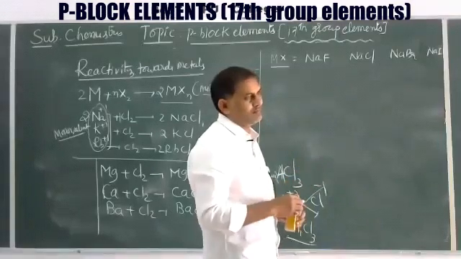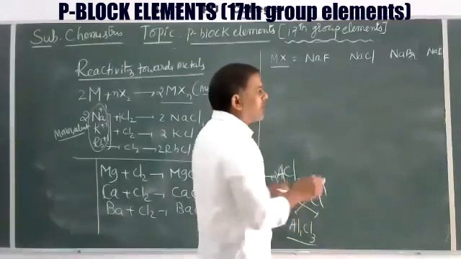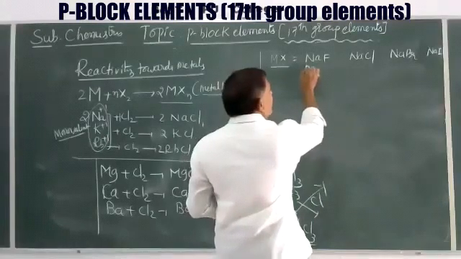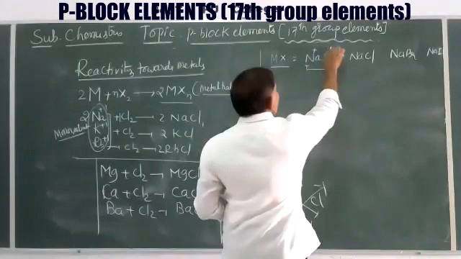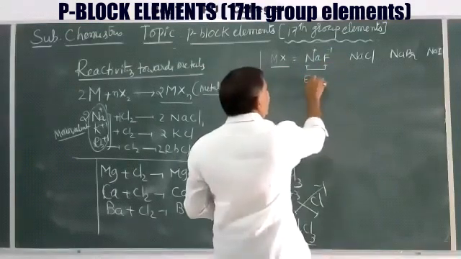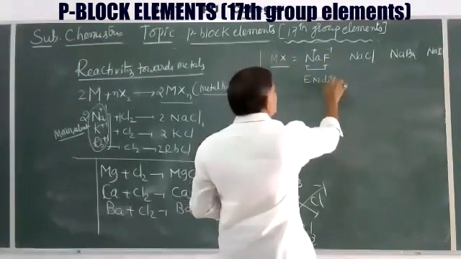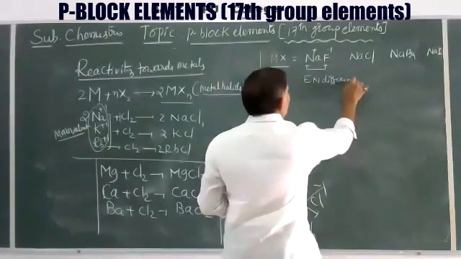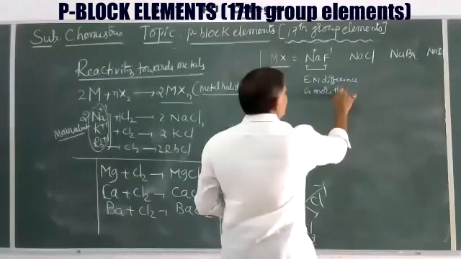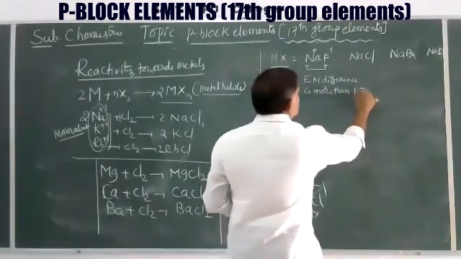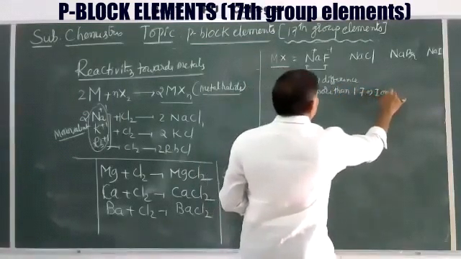The ionic nature is nothing but between the positive and negative ions, Na plus and F minus, the electronegativity difference. If the electronegativity difference is more than 1.7, that is ionic in nature.